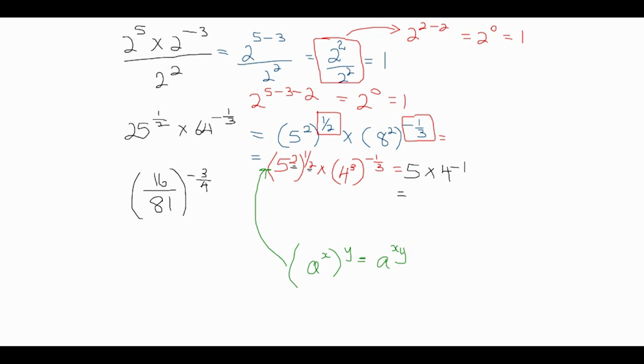5 by 4 to the -1. Anybody wants to tell me what they will do to work this out? Simplify it, right? The final statement. What do we do from here? Anybody?